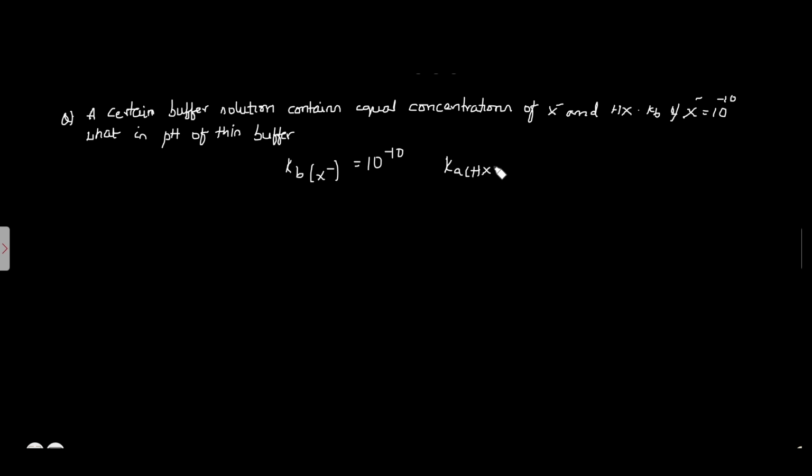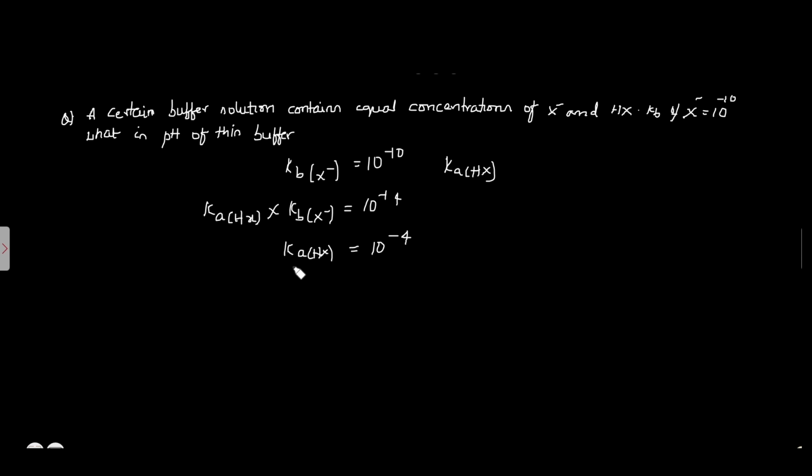HX. So what is the relation between Ka and Kb? We know that Ka of HX into Kb of X minus equal to 10 power minus 14. When you substitute Kb value here, Ka of HX equal to 10 power minus 14 by 10 power minus 10. That will become 10 power minus 4, right?